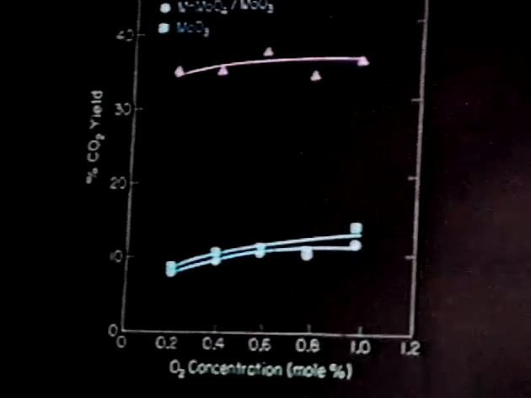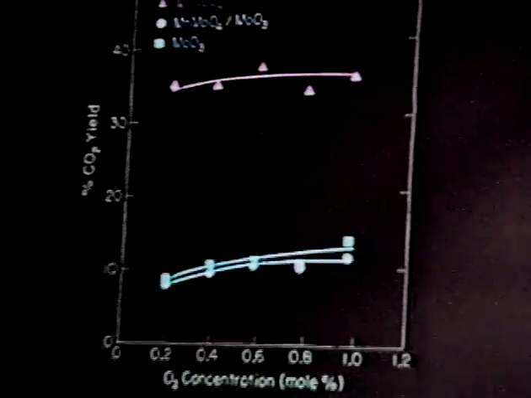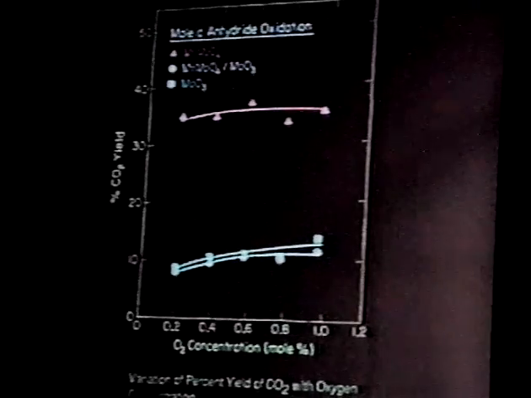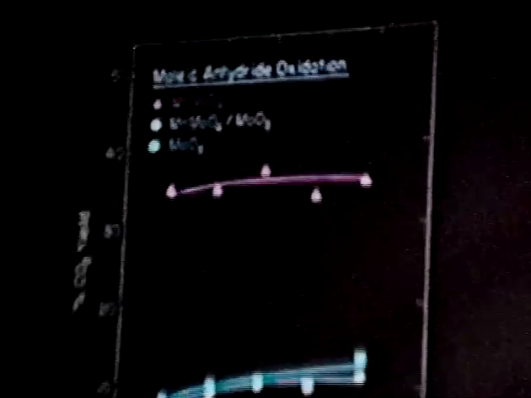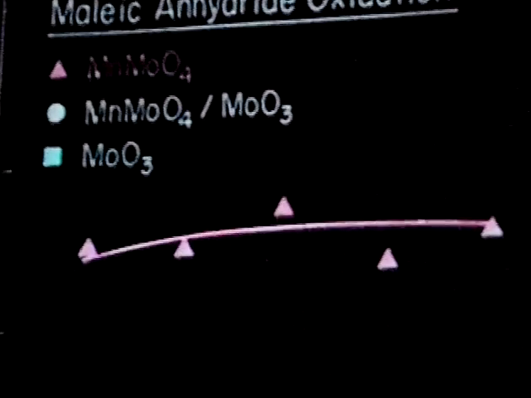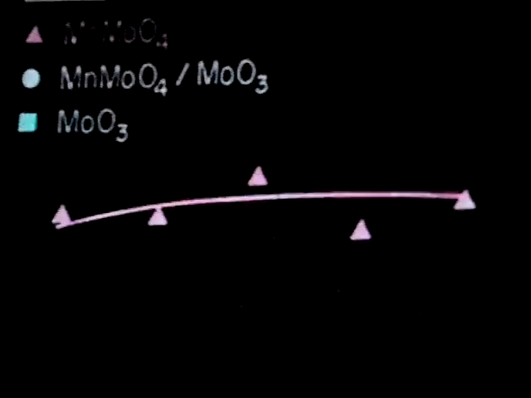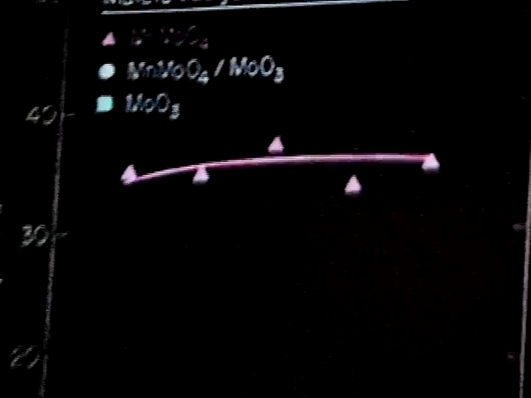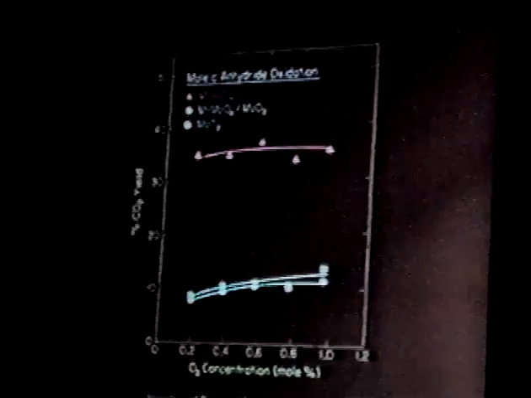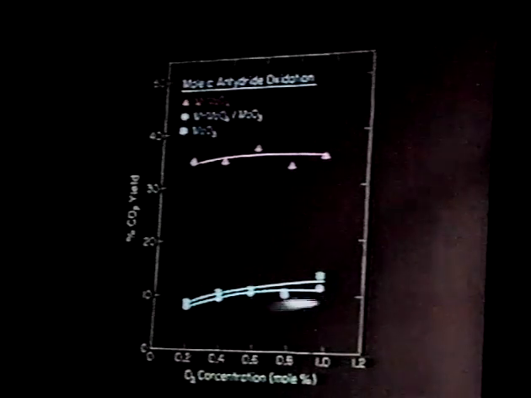Now, we also used, as I mentioned earlier, the product itself as the feed material to see what type of complete oxidation behavior we would observe. We immediately saw that the catalyst which seemed to have the highest activity for maleic anhydride complete oxidation was manganese molybdate, and the lowest one was the promoted catalyst, the one at the bottom.